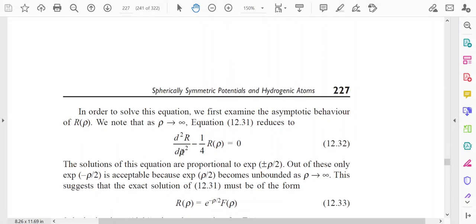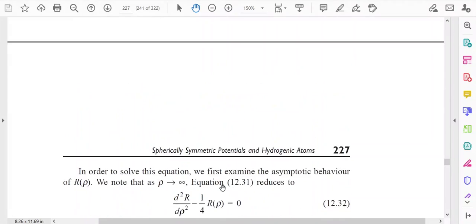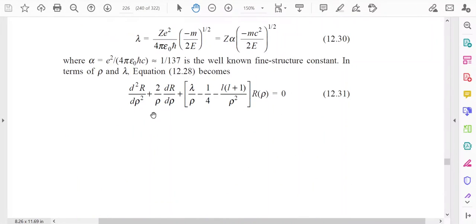Now, if we consider the exact solution, then the exact solution will be e to the power minus rho by 2 multiplied by a function of rho. We call this capital F. So, e to the power minus rho by 2 into capital F, where capital F is a function of rho. That will be the form of the exact solution of equation 12.31, that means for this equation.